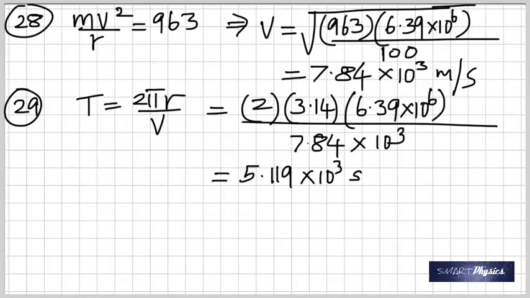Be honest. Do you have an idea of how much that is? No. So it'll be okay, you get full grade for that, but it'll be nice if you change it into minutes. And to change it into minutes, you divide by 60. Now you have an idea of, well, that's about 1 hour and 30 minutes. It's 1 hour and 30 minutes to go around the orbit.